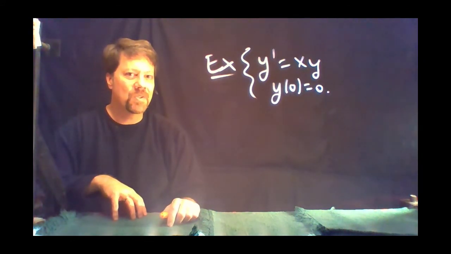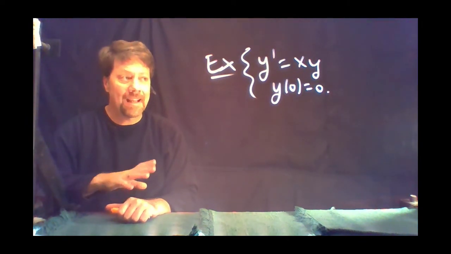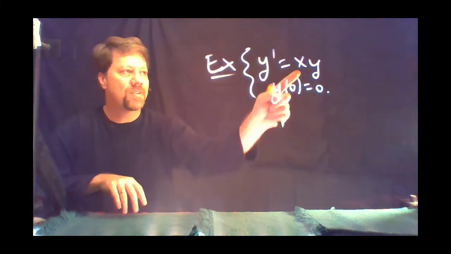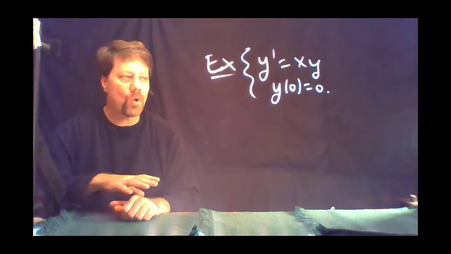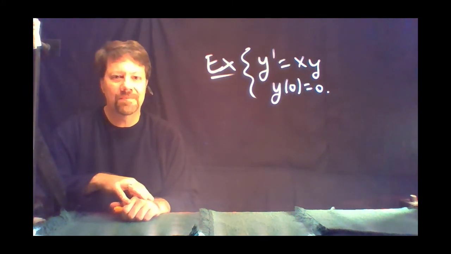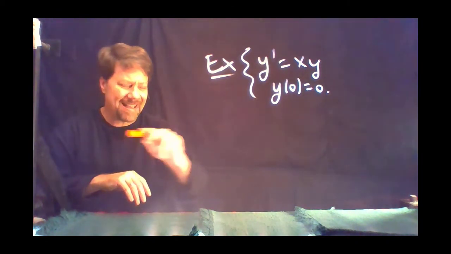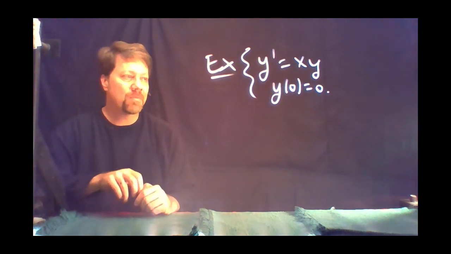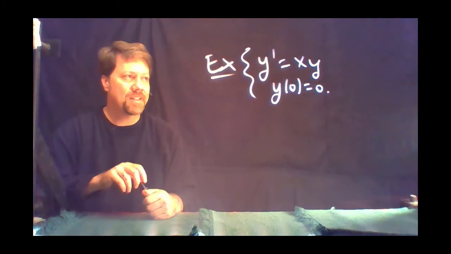Before finding what the solution is, just looking at the initial value problem, can you tell me what the solution is? Notice if I plug the point 0, 0 in on the right-hand side, we get a slope y prime equal to 0. Could it be possible that a solution that is constantly 0 will solve this initial value problem? Certainly it satisfies the initial condition, but does it satisfy the differential equation?